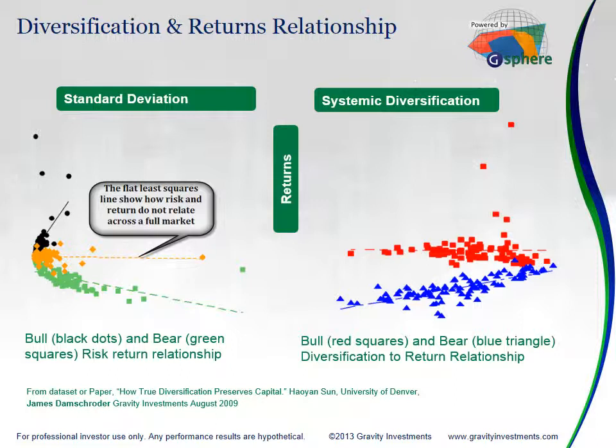So let's look at diversification. We've got here our red dots showing the diversification-return relationship. Now this is systematic diversification, measured by the intra-portfolio correlation. Same research piece, same time, and yes, the same portfolios, but just evaluating them differently.